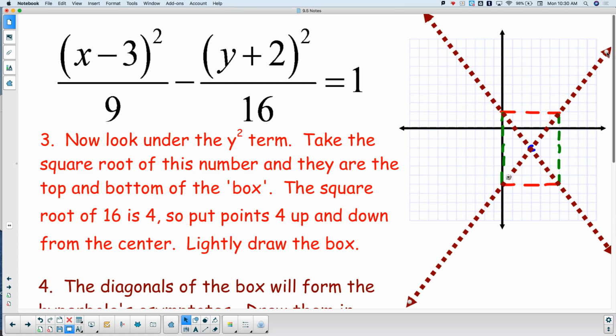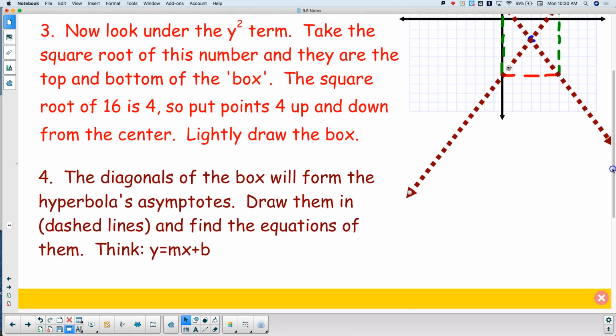Now, those are lines that we can come up with the equations for. So we need to have a little chat about the equations of those lines.